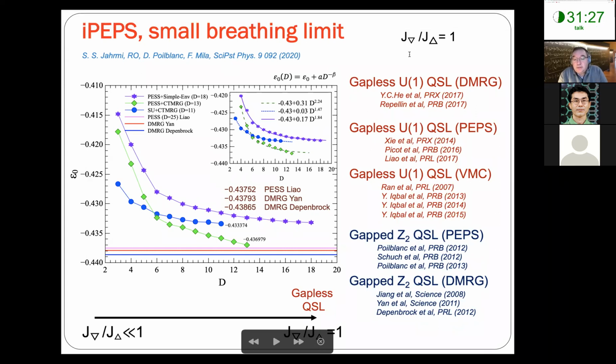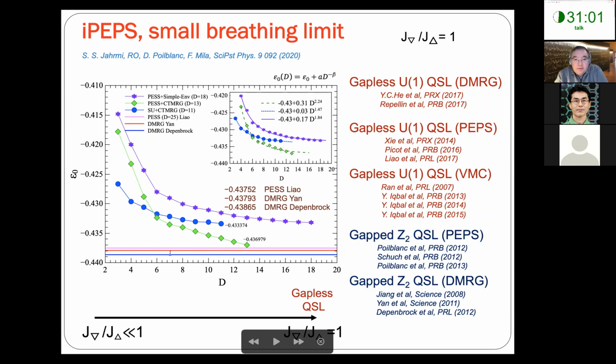This is exactly the famous Kagome-Heisenberg antiferromagnet, with spins 1/2 everywhere and the same coupling everywhere. We know that the ground state is a quantum spin liquid. But just to confirm, these were some simulations carried out using projected entangled pair states and also projected entangled simplex states. And here you have a summary of the results that people have been obtaining.